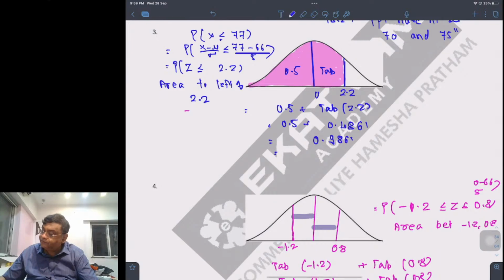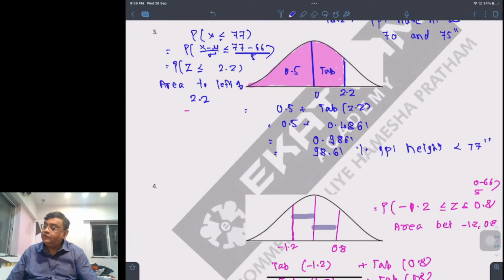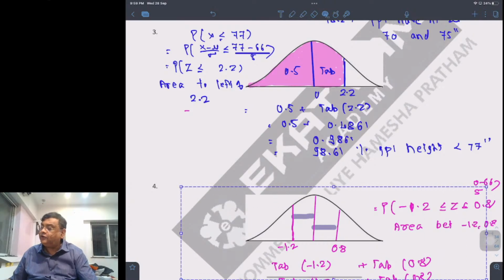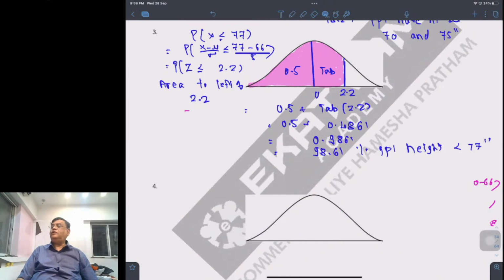So what does it mean? It means 98.61% of people have a height less than 77 inches. तो ये सब एक ही सेंटेंस पे बेस्ड है, that the table gives you area between 0 and some value of z.